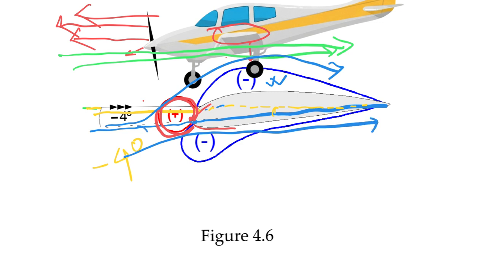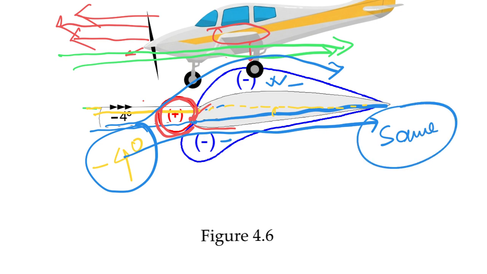But this minus 4 degree is so important, where the reduction of static pressure below and above is the same. So if the reduction of static pressure is the same, that means there is no difference of static pressure below and above. So there will be no upward force. So there will be no lift.